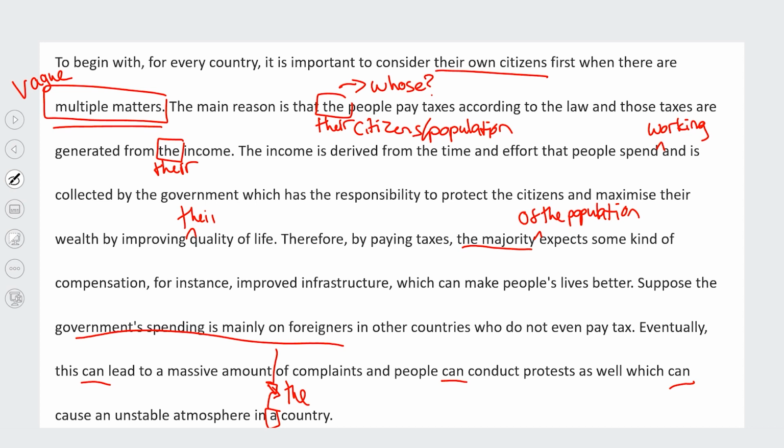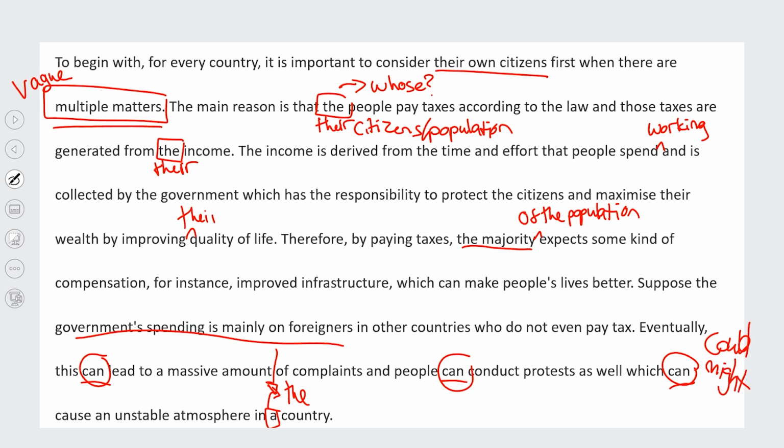So my main issue with this final sentence is that he repeats the word can 3 times. Okay? It's got can conduct as well as can. It makes sense. There's nothing wrong with using can, but the issue is that he's used can 3 times. So if he wants to improve the vocabulary score, he should be paraphrasing and using different words for can. So what words could we use? He could use could, he could use might.